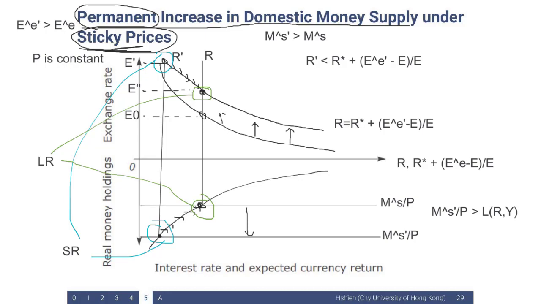Let's decompose the title now. We have a permanent increase in domestic money supply. So permanent tells us that expectations will change. And based on this real side of the explanation, people's expectations should be that E is going to be elevated, right? So E hat E is going to be moving upward.